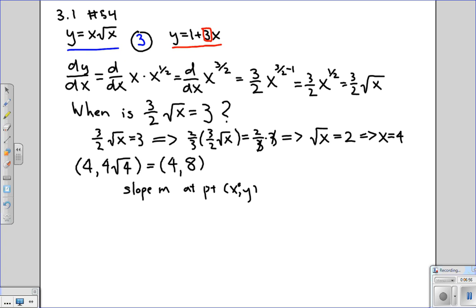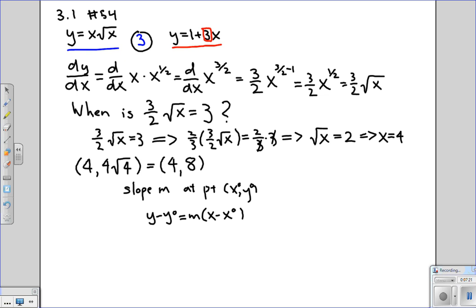Let's call this x naught, y naught. Then the equation of the line through the point x naught, y naught with slope m is y minus y naught is equal to m times x minus x naught.